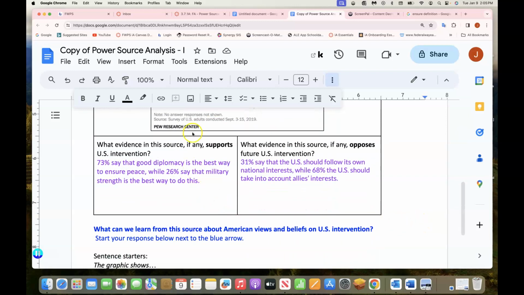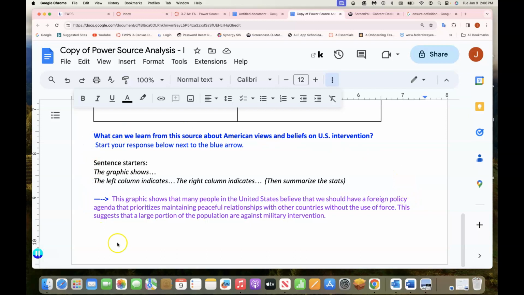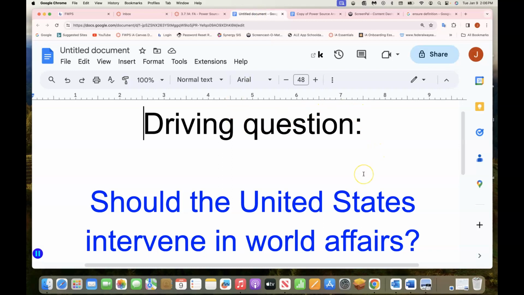You are picking apart the data by placing evidence in this column that supports U.S. intervention, evidence in this column that opposes U.S. intervention, and then you are explaining how all of that information comes together and how it makes sense to you regarding should the United States intervene in world affairs.